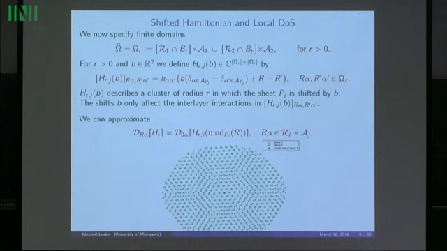Okay, here's that matrix H sub R. Let's just say we haven't done any shifting, and now if I look at the diagonal element corresponding to some lattice point R, that morally should be the same as standing at the origin, taking the corresponding shift of R, and then shifting appropriately.